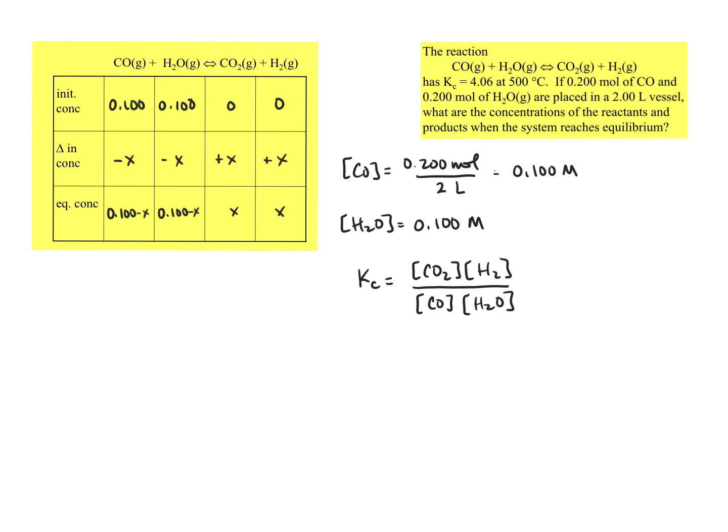And based on the information we have, we can put x in for both CO2 and H2. So that numerator will become x squared. In the denominator, since the 0.1 minus x are both identical, you can say squared, and that's going to equal the Kc value that's given to you in the problem of 4.06.